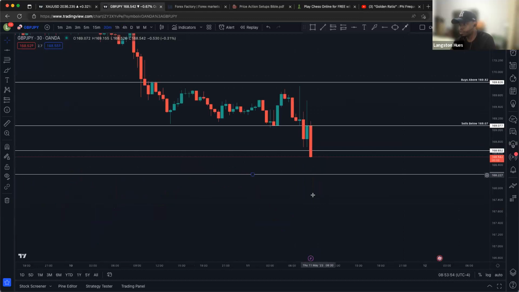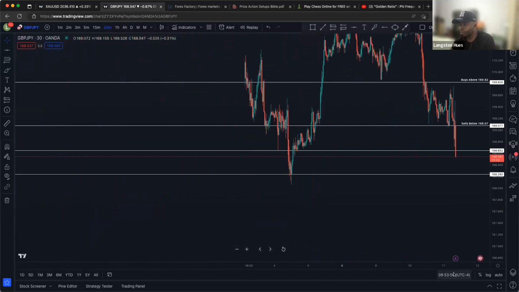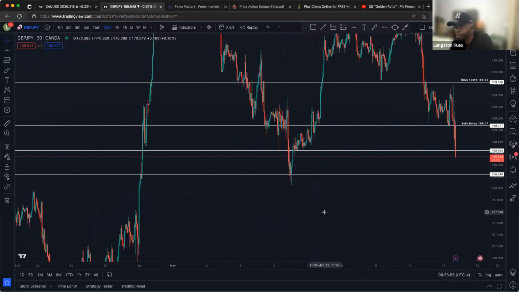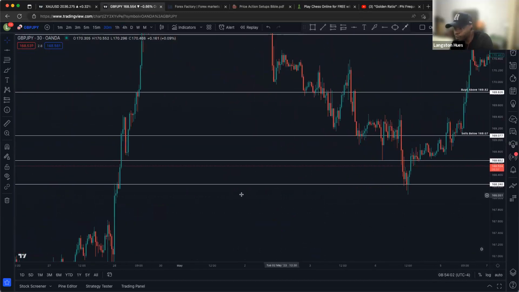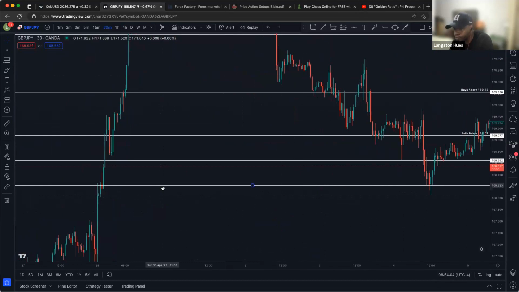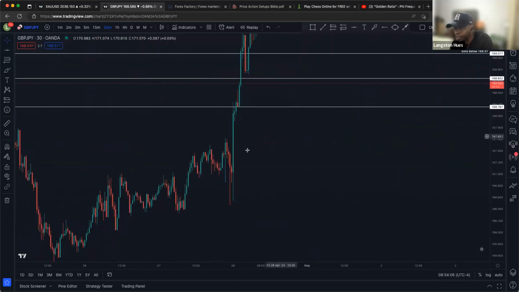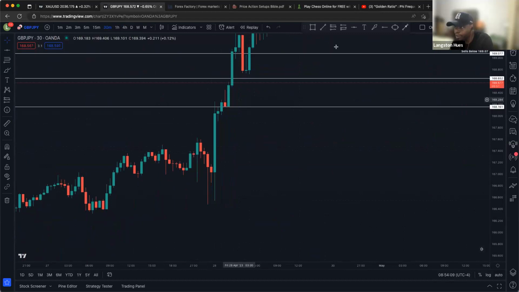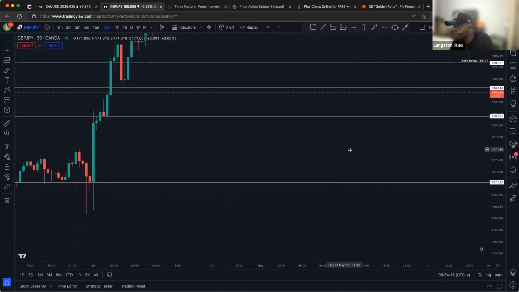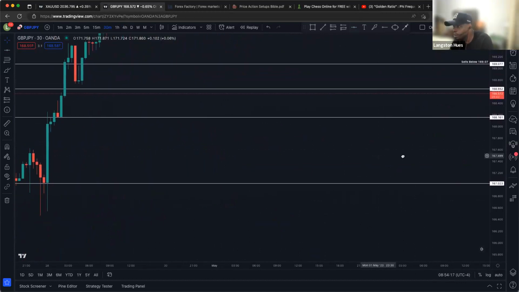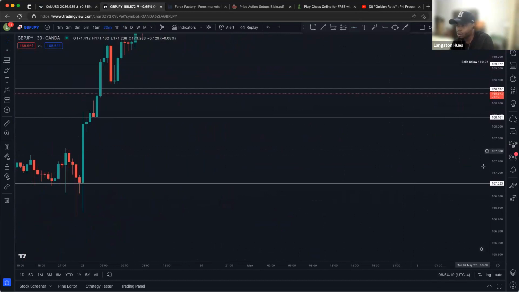If GJ closes below here, we got more sells potentially where? Let's see, looking to the left. Ah, so we get a closure below here, even here actually. You got all this clean traffic down to here. So much better sells below 168.16.